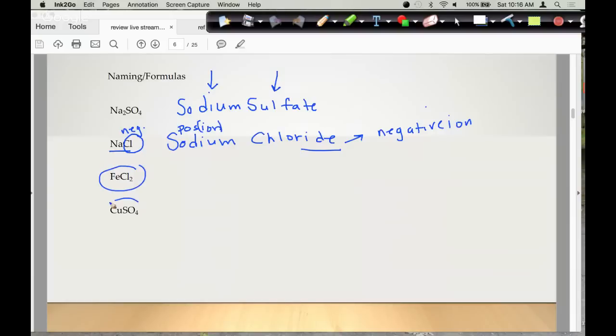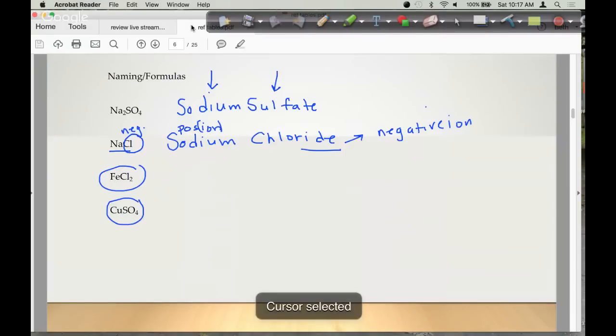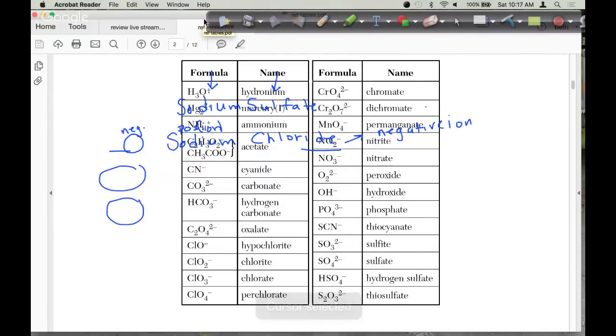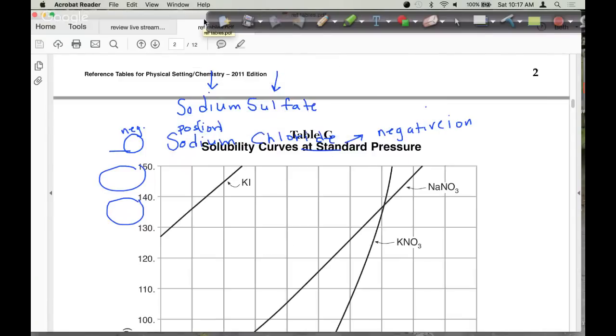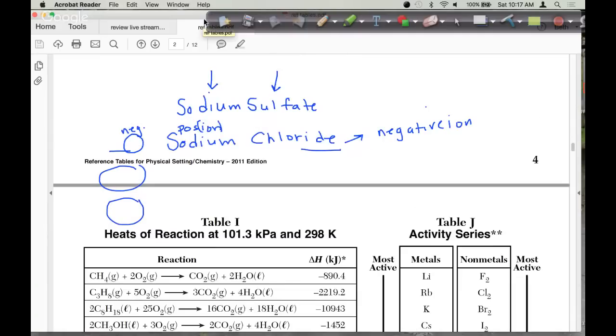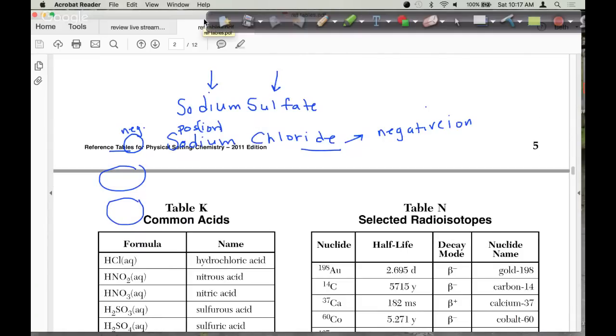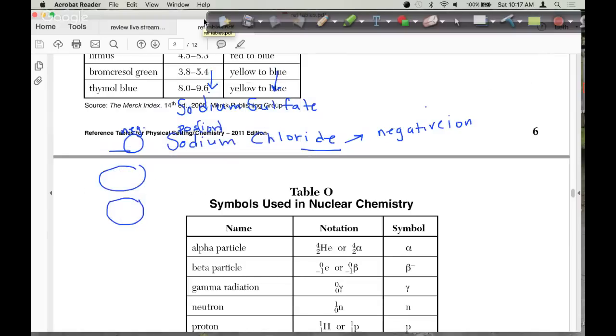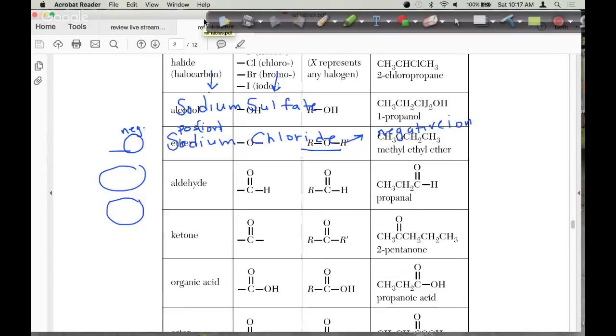We said, though, for things like iron and copper, which are transition metals, we need to identify which charge is being used because, as we get down the periodic table, members of the transition metal groups tend to have multiple oxidation states.